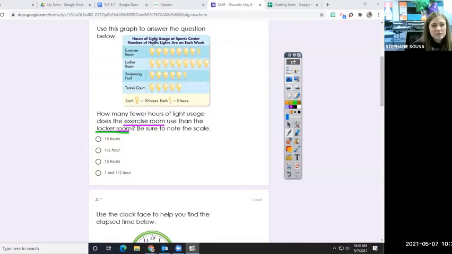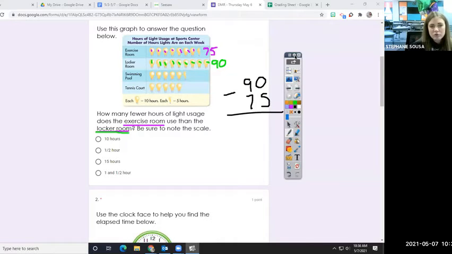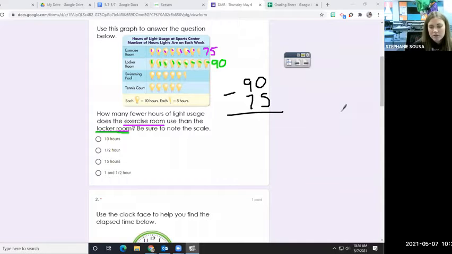All right, exercise room. 10, 20, 30, 40, 50, 60, 70, and a half bulb. So that is 75 hours of usage in the exercise room. Locker room, 10, 20, 30, 40, 50, 60, 70, 80, 90. 90 hours of usage in the locker room. So our subtraction comparison problem is 90 hours, subtract 75 hours. 0 subtract 5 is impossible.